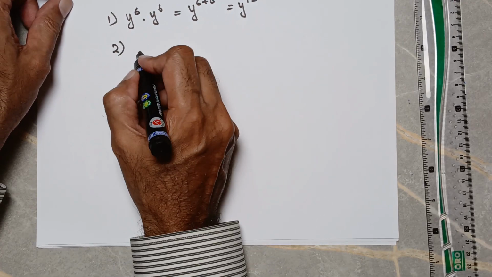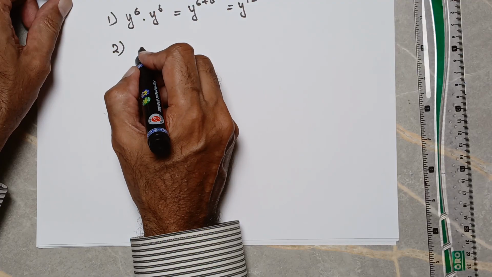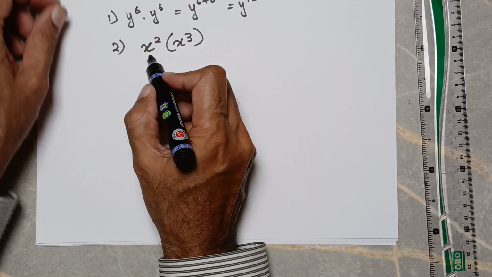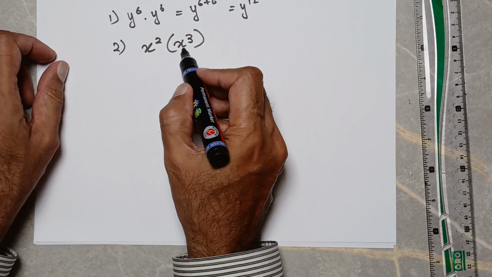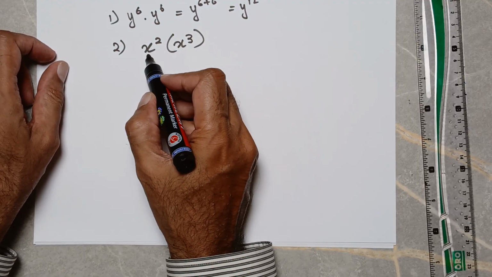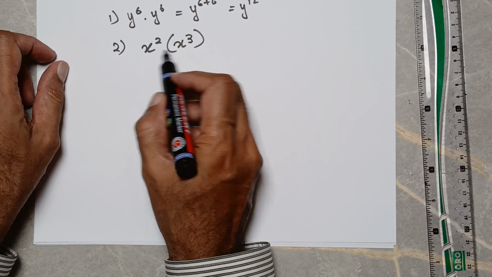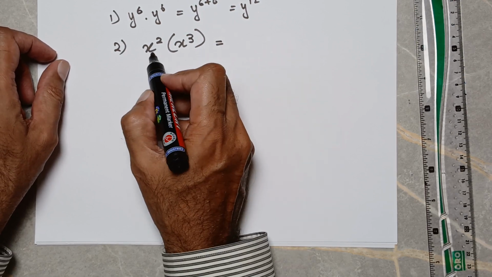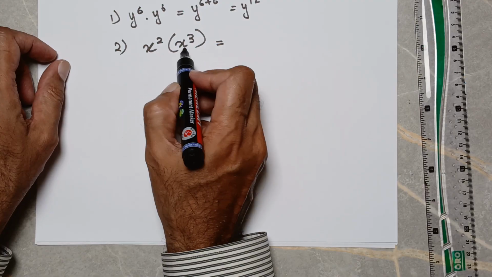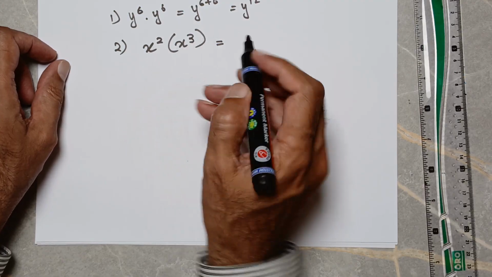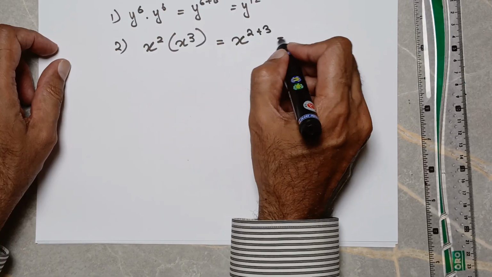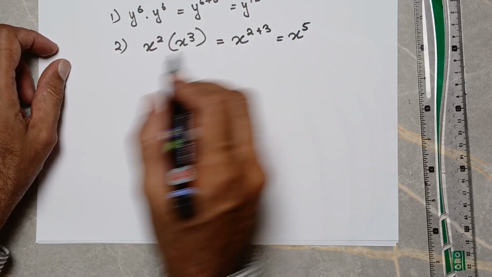Second, suppose we have x squared and x cubed. Again the bases are the same. One is inside the bracket, one is outside, but that doesn't mean they are not connected. X squared times x cubed: 2 plus 3 gives you x raised to the power 5.